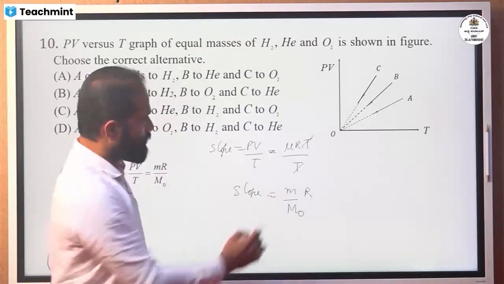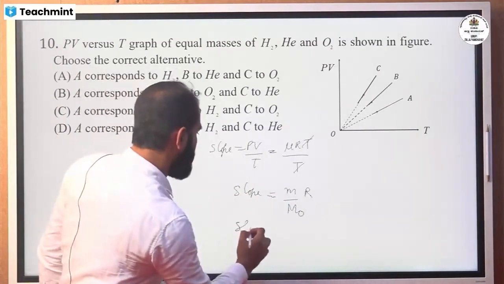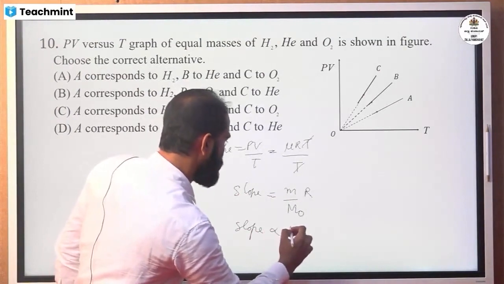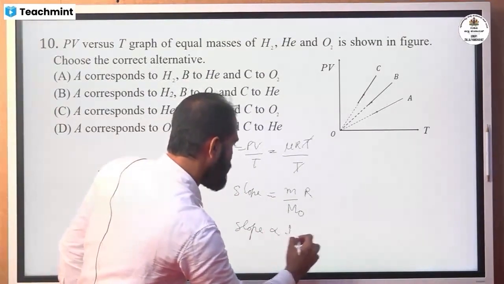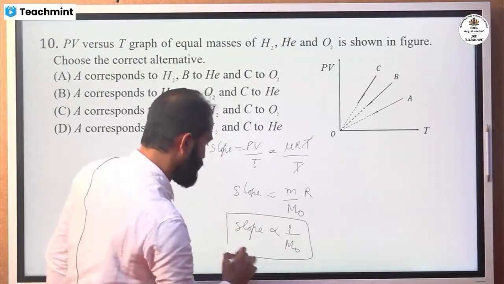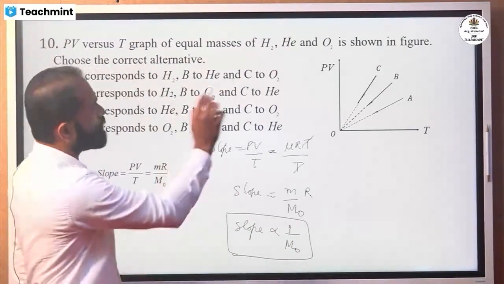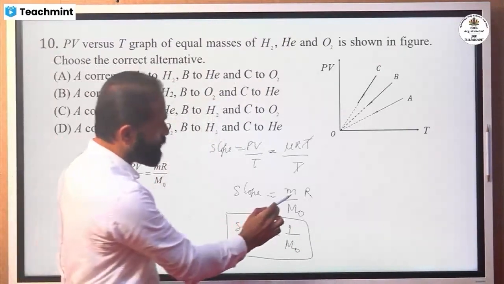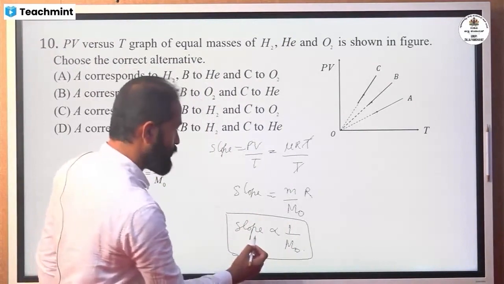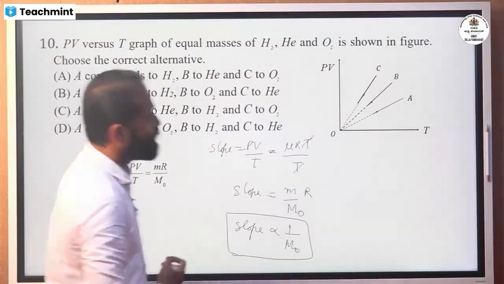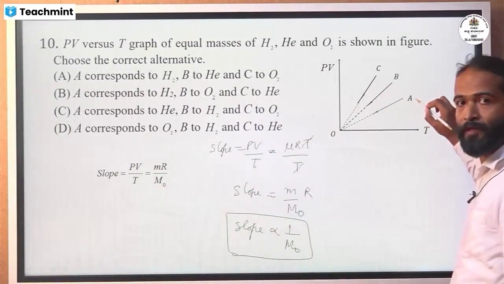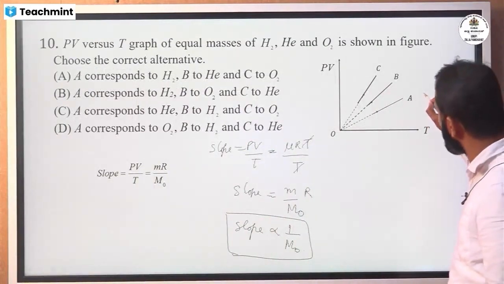So here the slope will be proportional to 1 divided by molar mass, because the masses of all gases are given the same, whether H2, helium or O2. The only difference is the molar mass. If the molar mass is more, the slope should be less. If you look at the straight lines, A has the minimum slope, so its molar mass must be maximum.